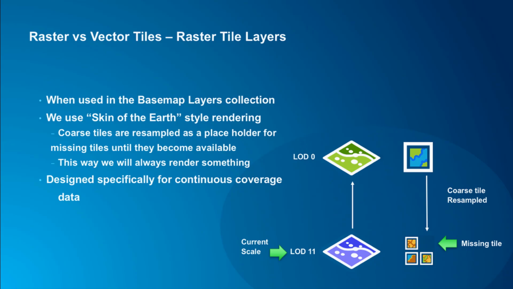We call this behavior skin of the earth style rendering. What we do is hold some of the coarser textures in memory, and if we zoom to an area where there are no tiles, we just resample that texture and use it to fill in the display. And as new tiles come in for that area, we'll replace that texture with the new texture.